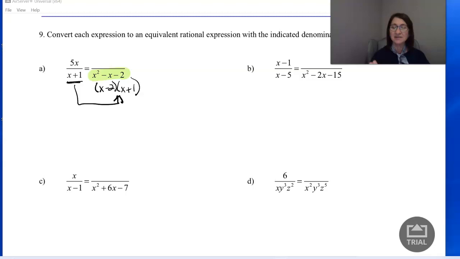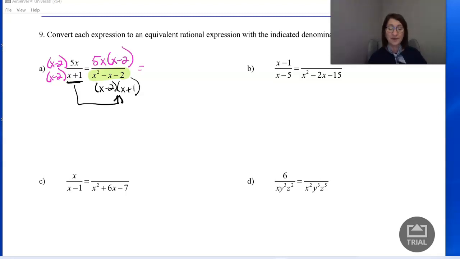So that just means I need to multiply this first rational expression by x minus 2. That's how I create my equivalent rational expression. So this is going to give me 5x times x minus 2.